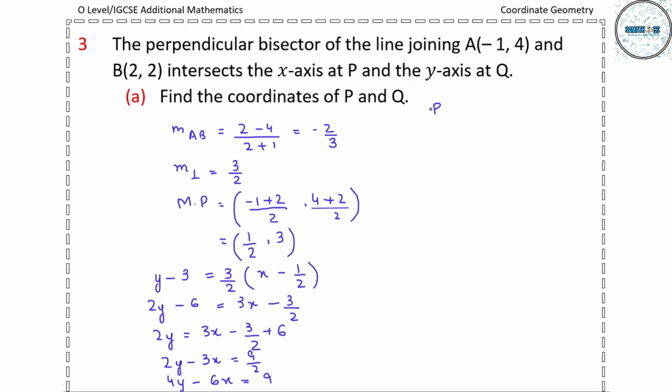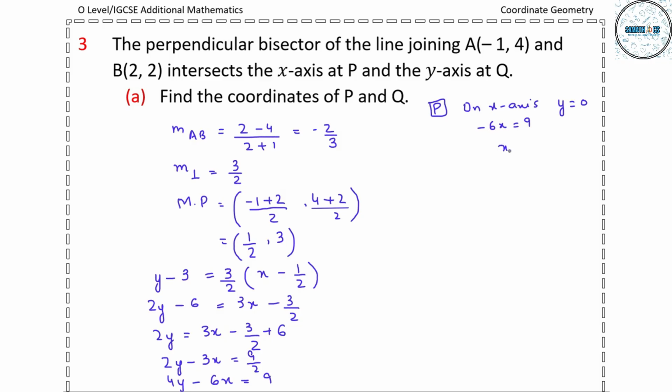For P, it's on the x-axis, where y is 0. So if we substitute y as 0 here, 4 multiplied by 0 will be 0, and we will be left with minus 6x is equal to 9.